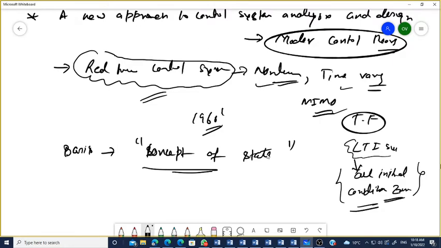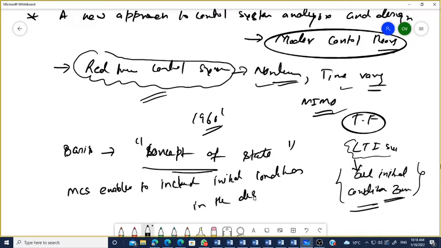So for handling such a real picture, or the non-linearity, the modern control system also enables us to include the initial condition in the control and design problem, right?